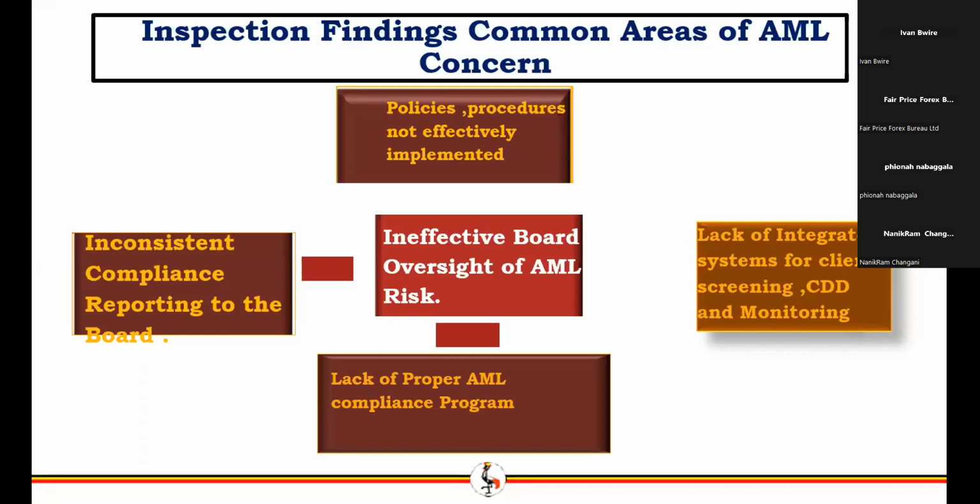There is also inconsistent compliance reporting. We've noted that you have a responsibility to report to your senior management regarding your client risks or the entity risks. When you do that risk assessment, the findings of the risks that the Forex bureaus are exposed to, the senior management has to know that, look, these are the risks that we have as per our risk assessment.